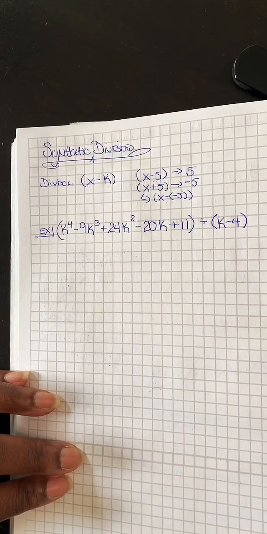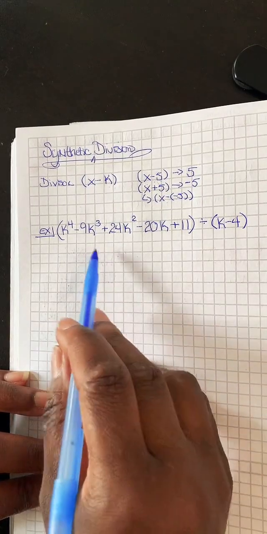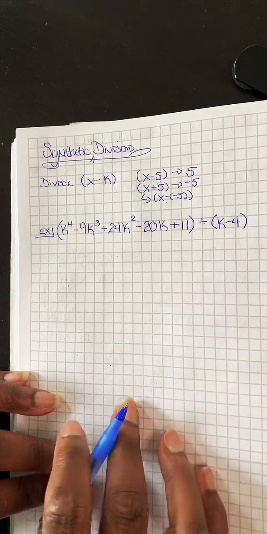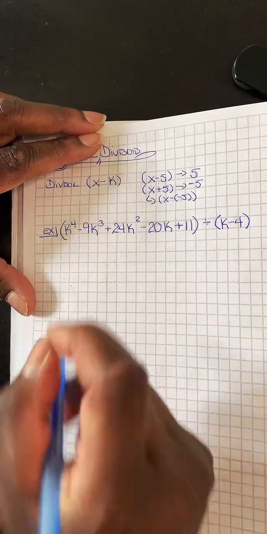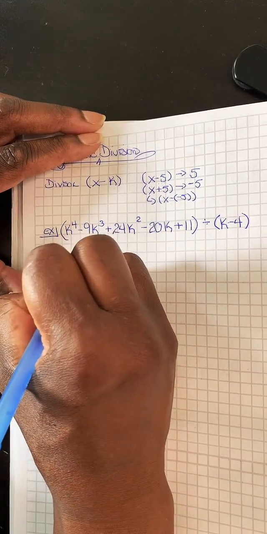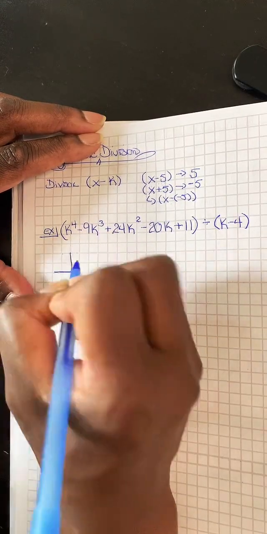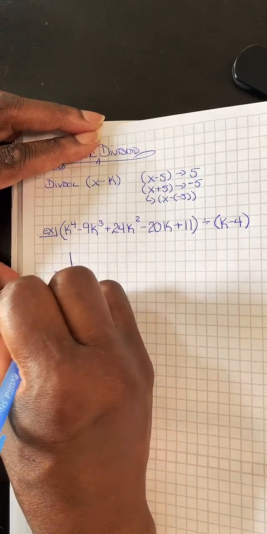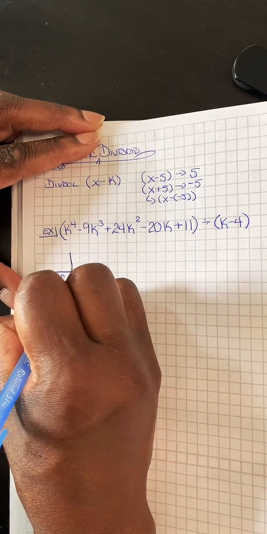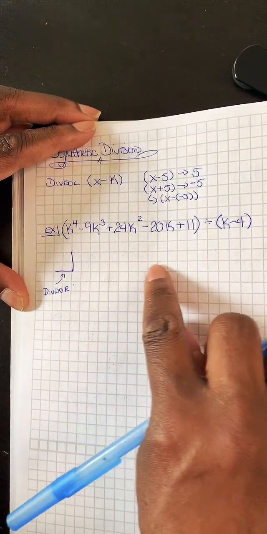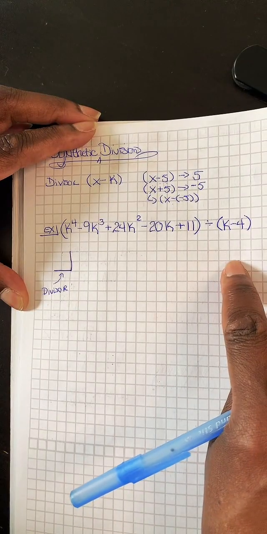So instead of setting up the division bar that we've been doing, I'm basically setting up a little house, a nice little house. This is where my divisor is going to be, and the dividend is going to be up here.